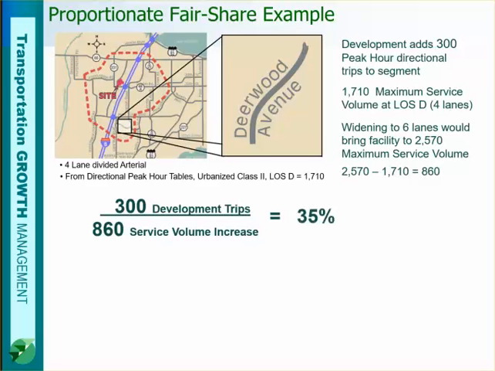But the development in question only added 300 trips, and the added service volume was 860, which equals 35%, and that would be the proportionate fair share for that developer.